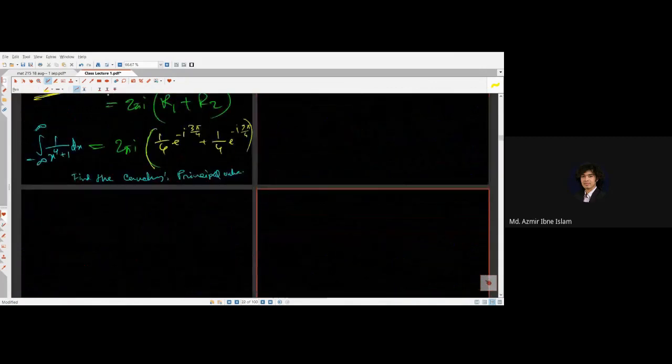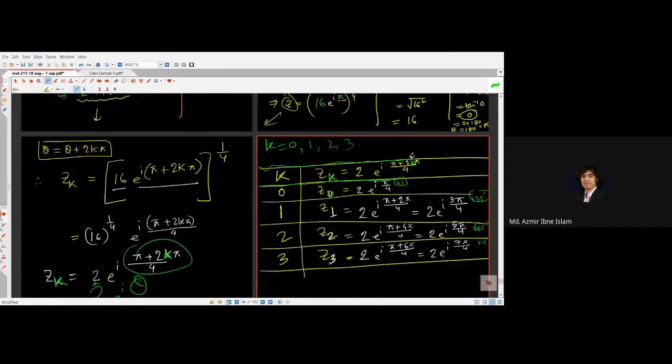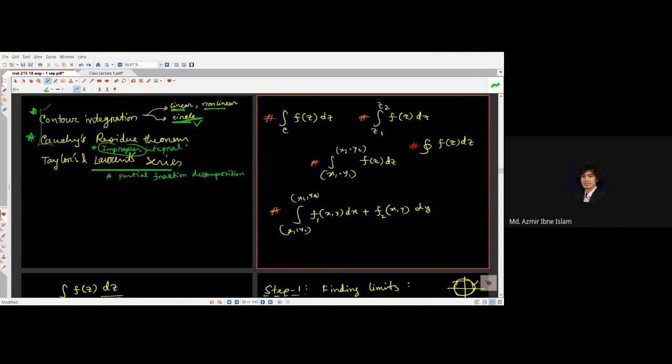Okay, so let's start the next topic, that is Taylor and Laurent series. We have solved so many problems from contour integrals, residue theorem and improper integrals, but let's say we have one integral like 1 over 3 plus sine theta d theta, from 0 to 2 pi.